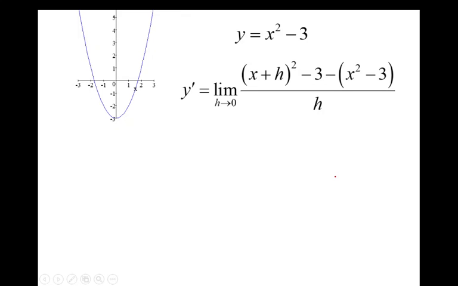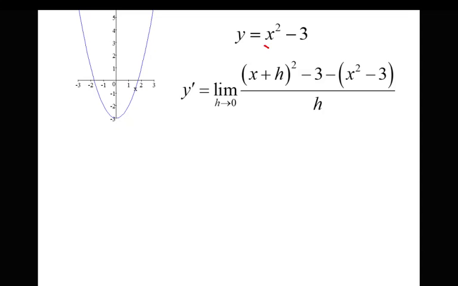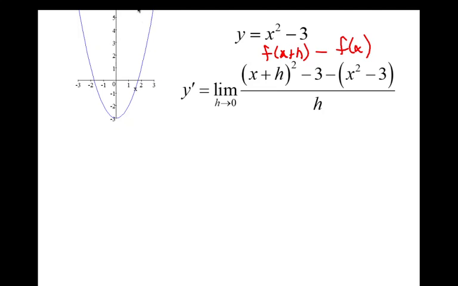I'm using my slope equation. So this is my f of x plus h minus f of x. Okay, so has anything changed since we were doing the difference quotient? No. Okay, so we're doing the exact same thing we've been doing.